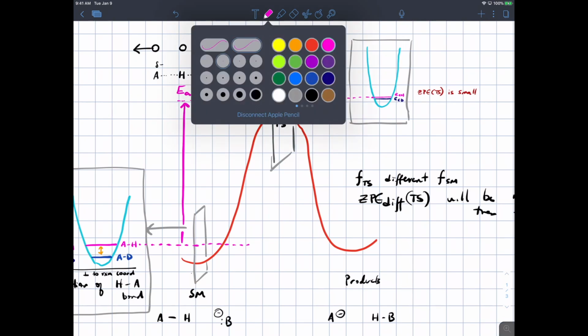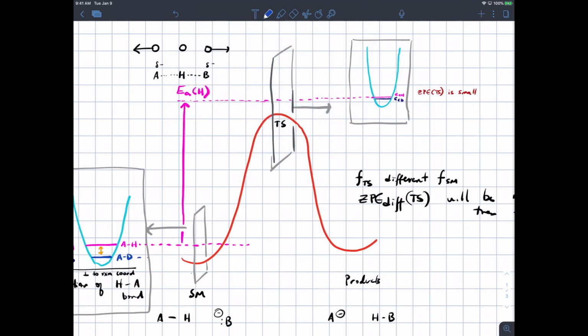Okay. Similarly, we can do the same thing for the deuterium. And this energy difference here is the activation energy for the reaction with deuterium.